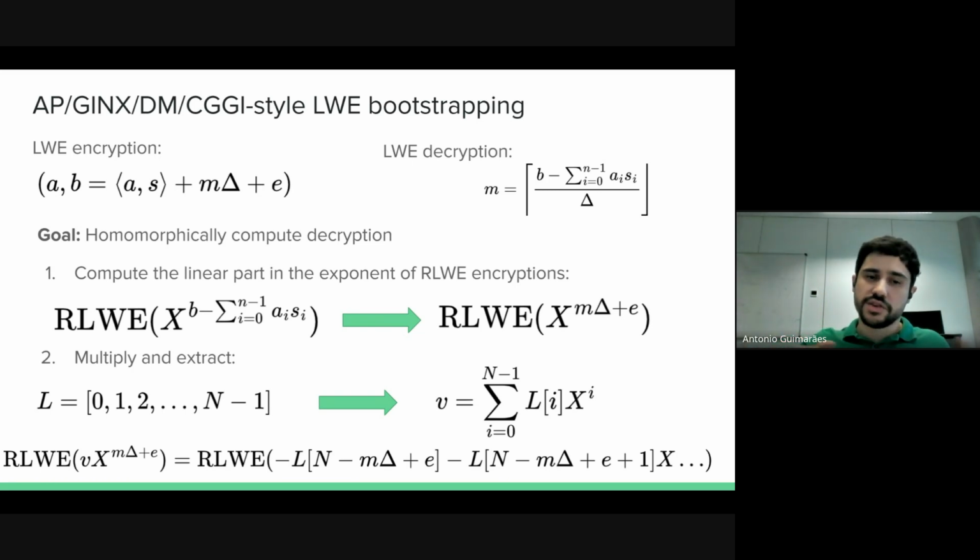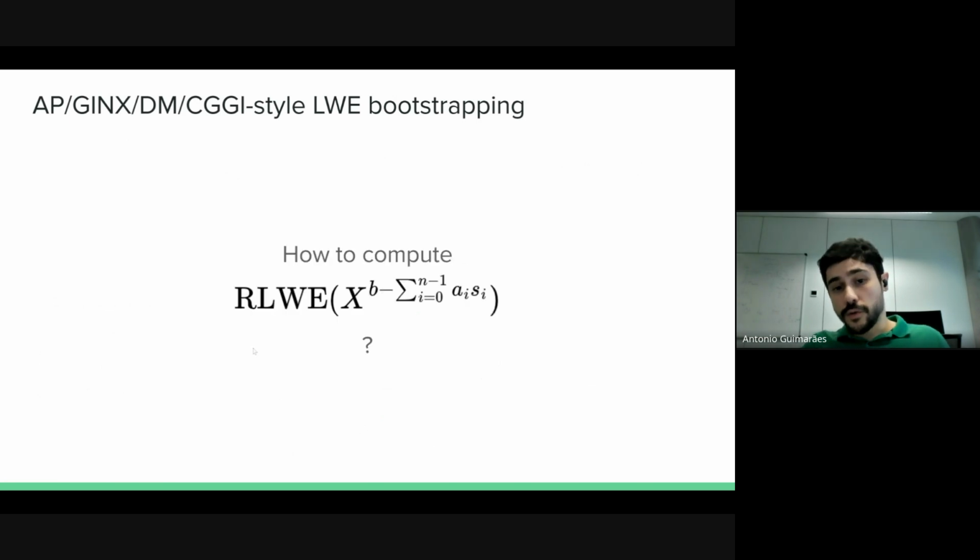This is basically how TFHE and FHEW work, so it's nothing new here. The main point is that the challenge is in computing this first step. For the LWE bootstrapping, this is done by what is usually called blind rotate.